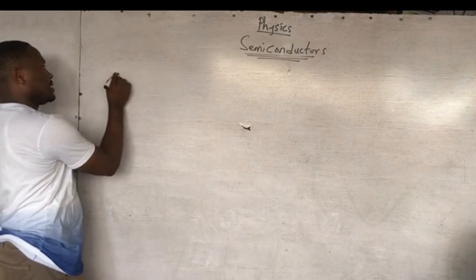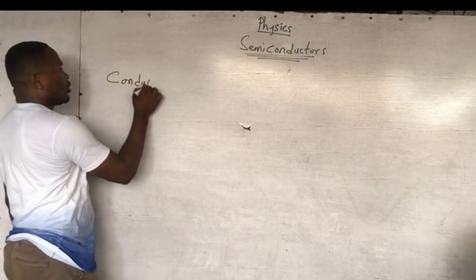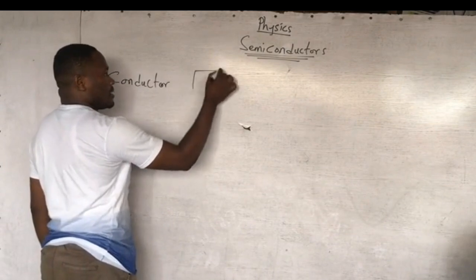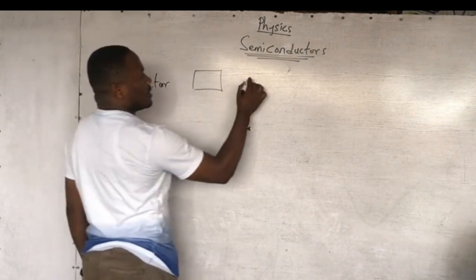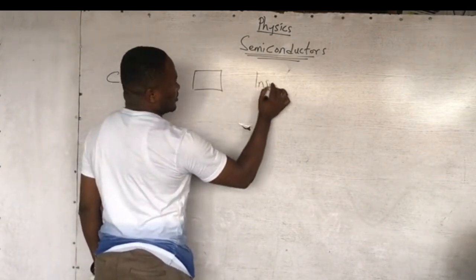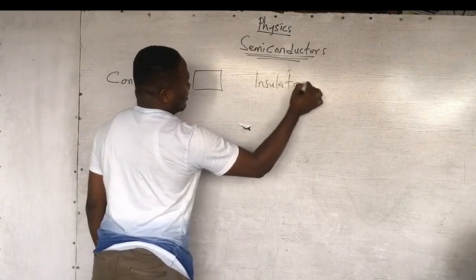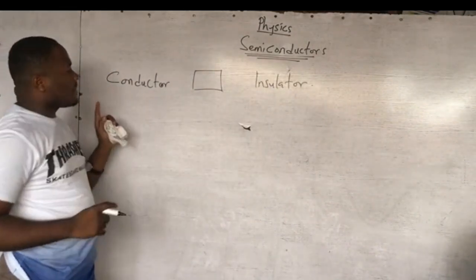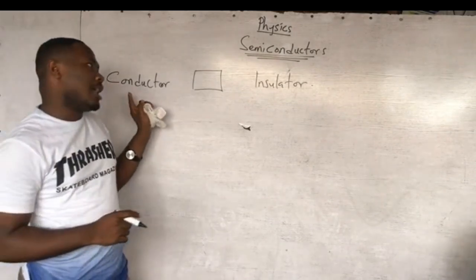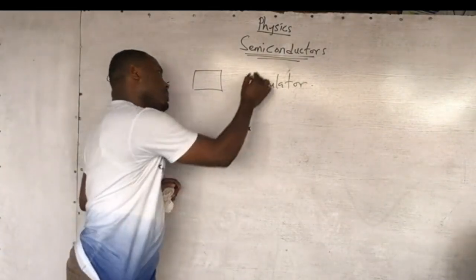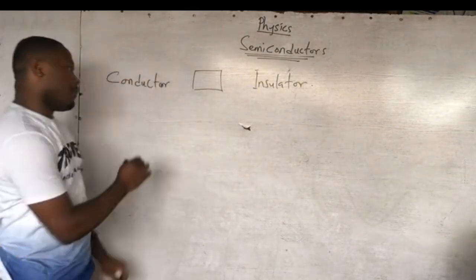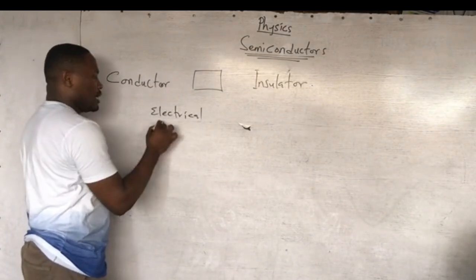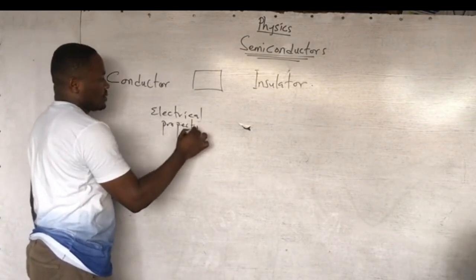We have something called a conductor. Then here is an empty space, then we have an insulator. If we are defining what a conductor and an insulator are, it will basically be in terms of their electrical properties.